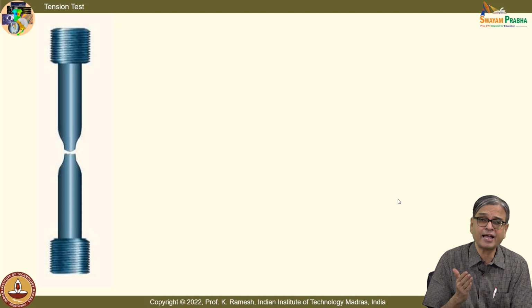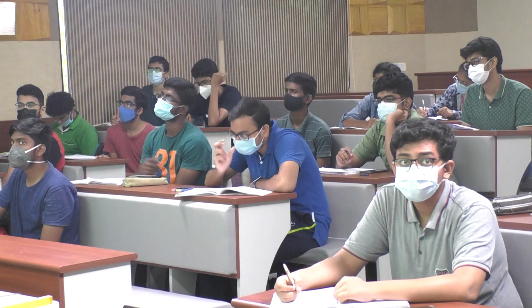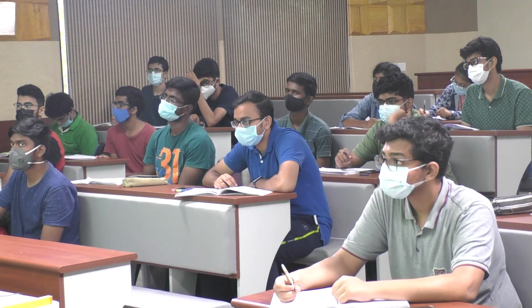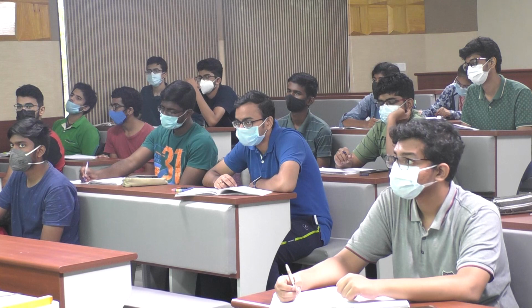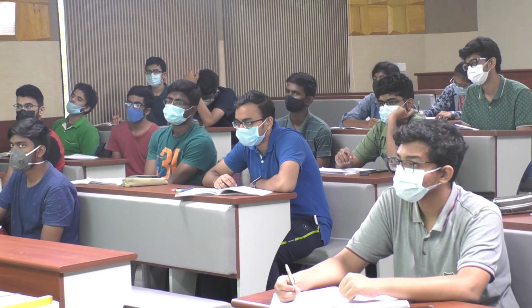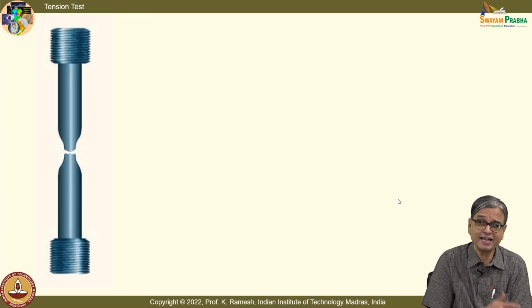Does this necking happen exactly at the center of the specimen? What do you anticipate? Please make a guess. See, we have said it is an elastic continuum. Is that an assumption or reality? It is an assumption. Reality is different. The material has some kind of inherent defects.